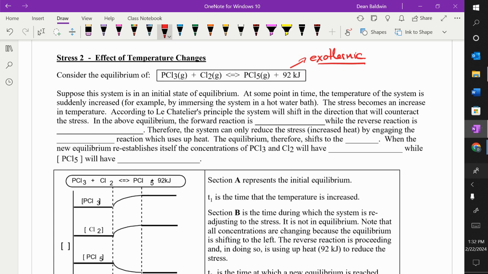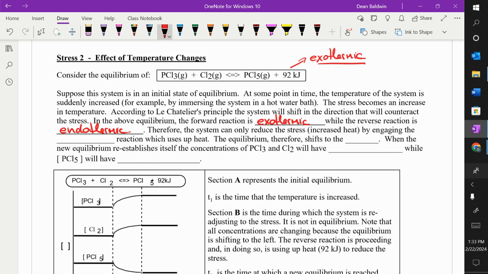All right. What are we going to do here? So the forward reaction is exothermic. The reverse reaction is endothermic. So if we add heat into this system, we jack up the temperature once it's at equilibrium.